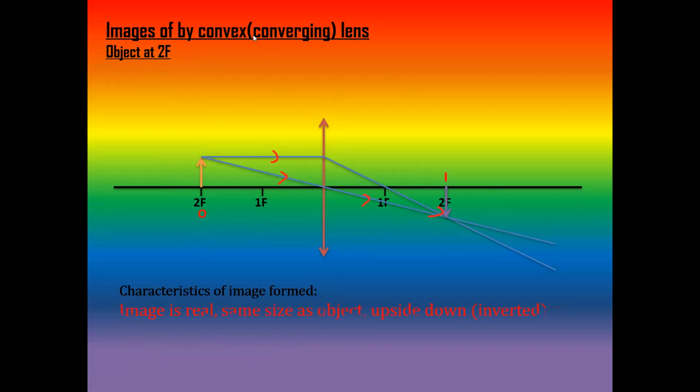This image will be real, the same size, and upside down. The size of the image and the size of the object will be the same. It is always an inverted image. Like if the object is a triangle, the image will be an inverted triangle. And it is a real image. A real image can be seen or taken on a screen. Is it clear?